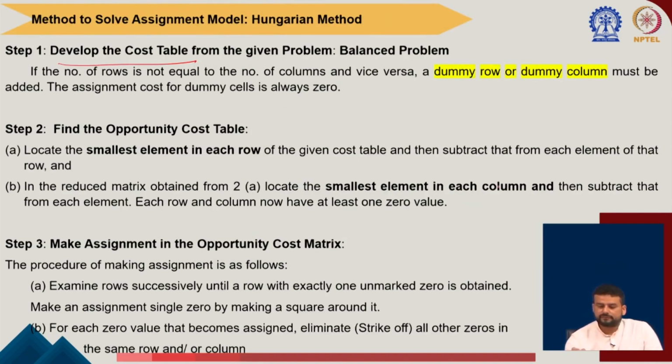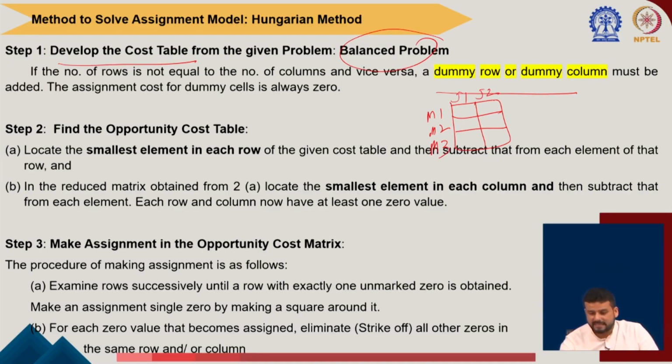Then if the problem is not balanced, we need to add a dummy row or dummy column. Let us say we have this problem. Here we have job 1, job 2, and machine 1, machine 2, machine 3. Because it is not square, this is not balanced, so I need to add a dummy job, right? Here the cost values will be assigned 0, 0, 0, right.